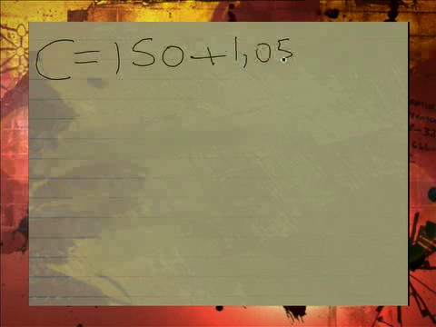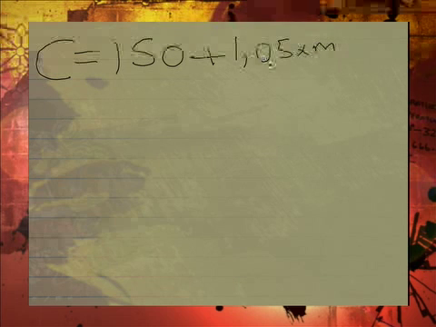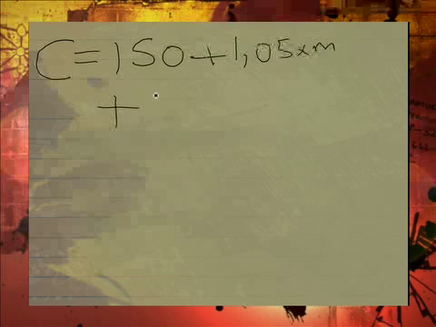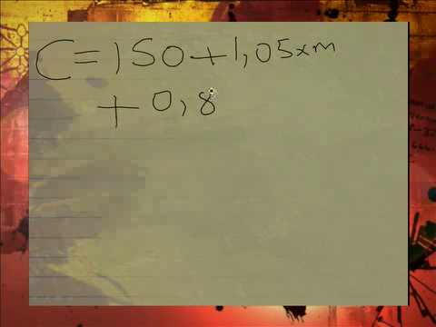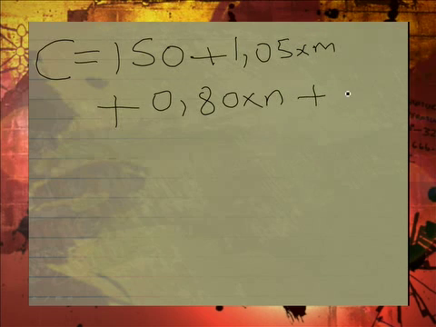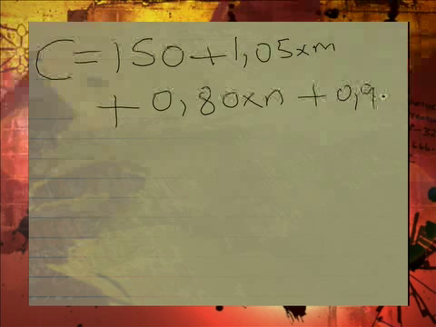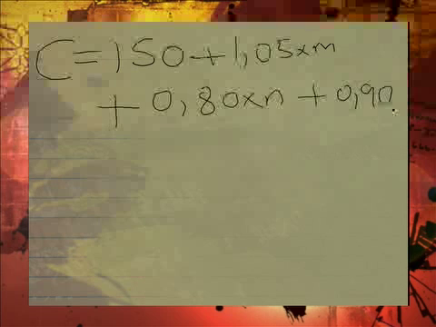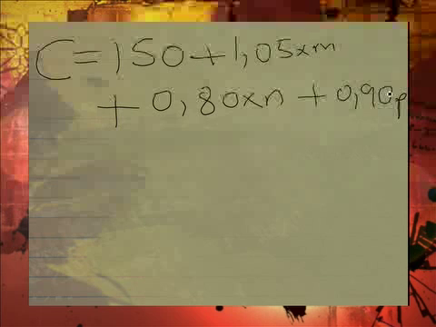I'm going to say 1.05 times M. Remember, after 60 seconds, you charge this, depending on the number of minutes after 60 seconds. Now I will go plus, my formula carries on, 0.80 times N for other calls. And then you have plus 0.90 for peak. You have P for that.